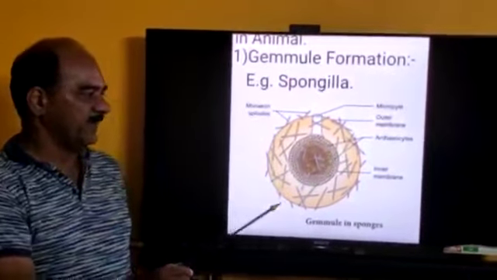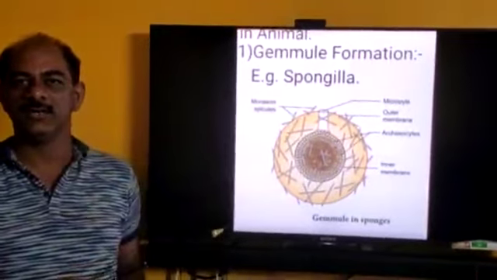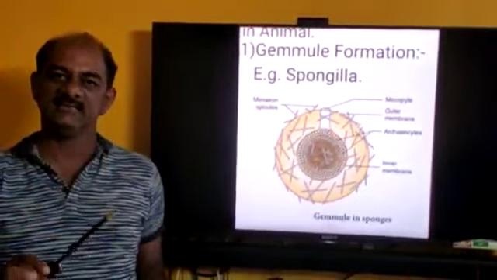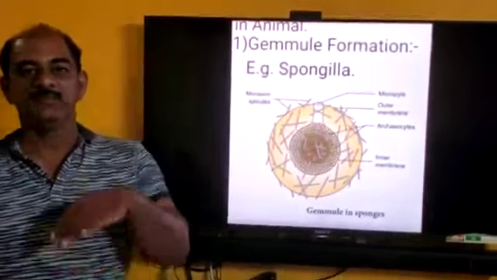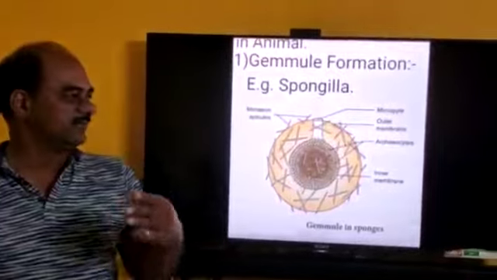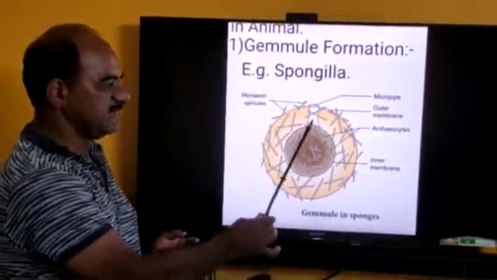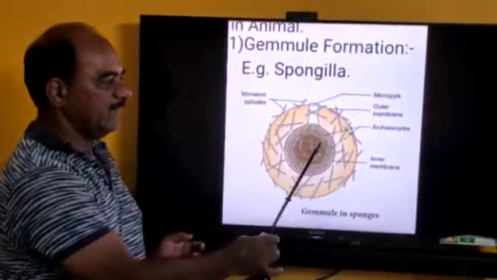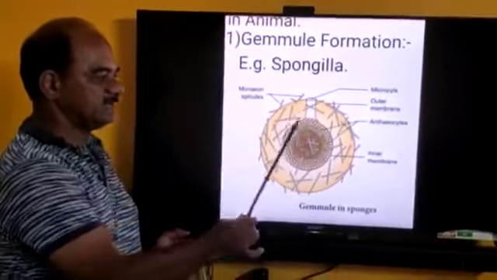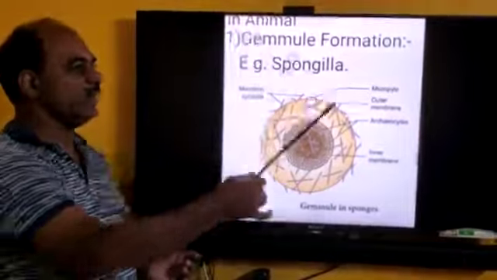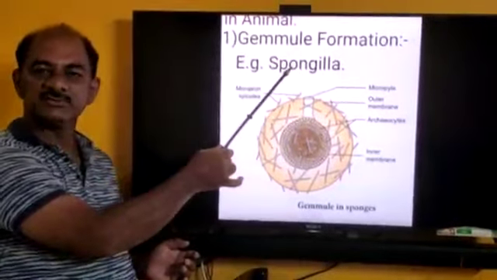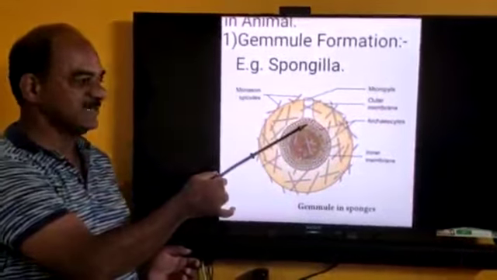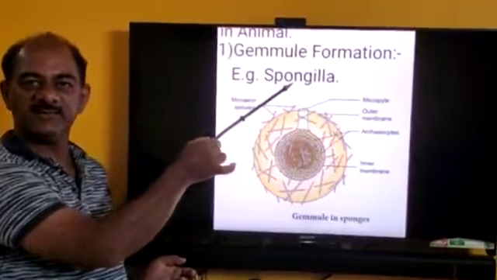When unfavorable conditions occur, the dormant cells remain stable. When favorable conditions occur, the cells develop through an opening called the micropyle, and through this micropyle the cells develop a new individual, a new Spongilla. From that single cell, a new organism is developed.